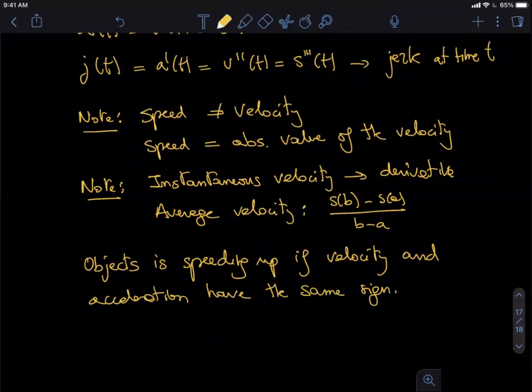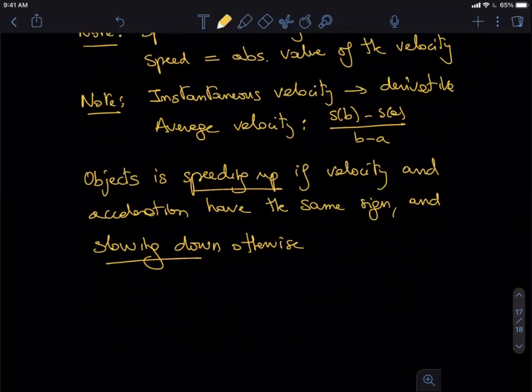Otherwise they are fighting each other, and we say that it's slowing down otherwise.